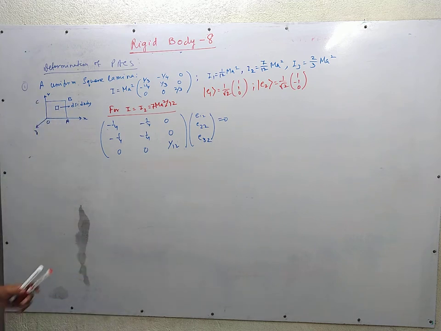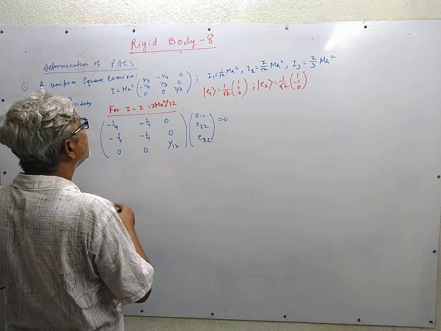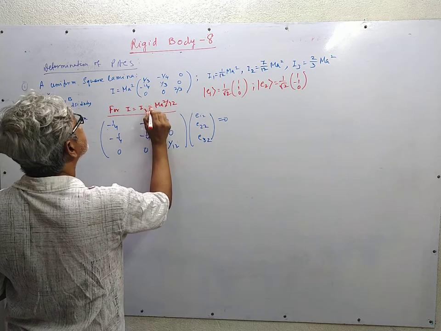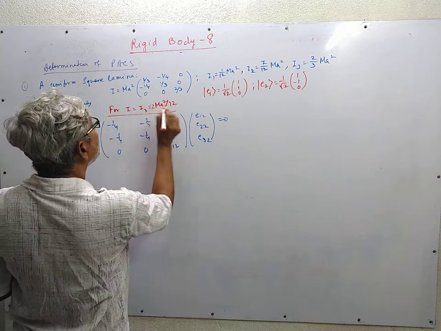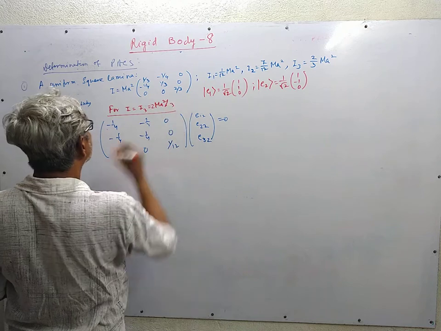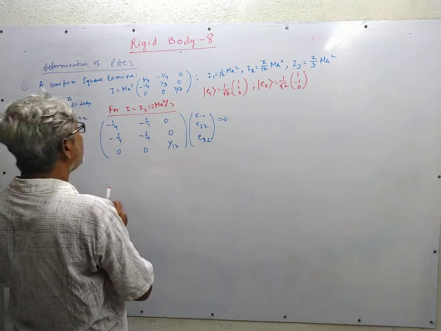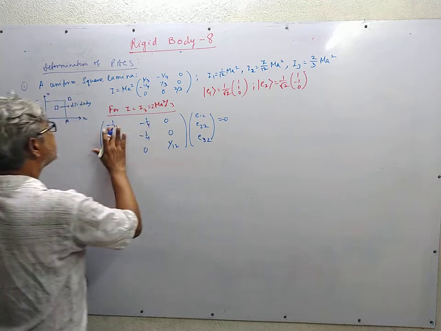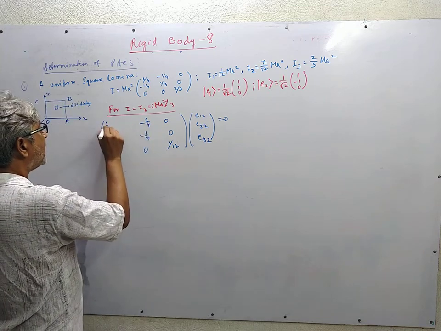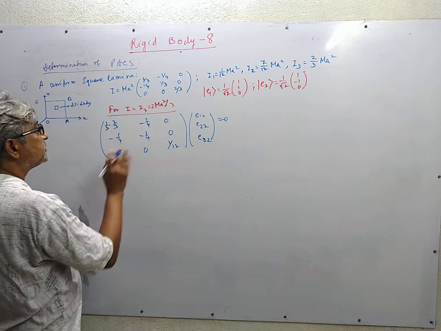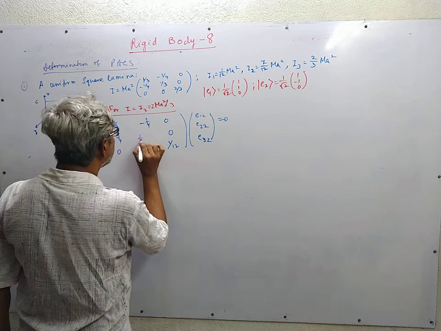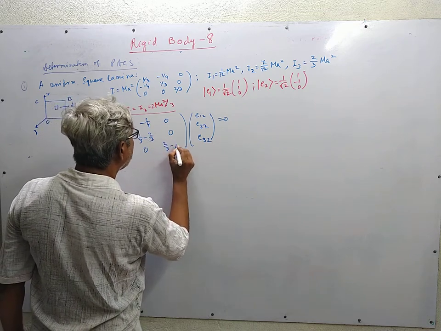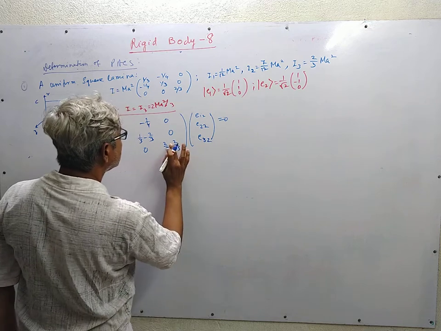Now lastly, for I is equal to I3, which is 2 by 3 m a square, this factor will be 1 by 4 as it is, and this is 1 by 3 minus 2 by 3, this is 1 by 3 minus 2 by 3, and this is 2 by 3 minus 2 by 3, so this is 0.